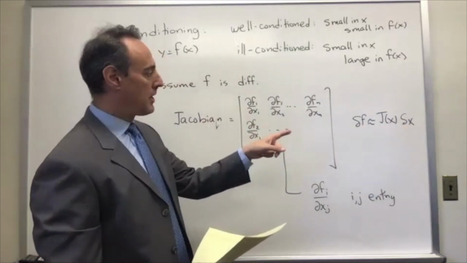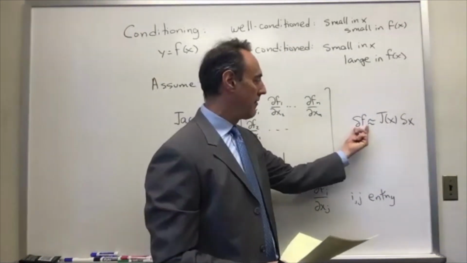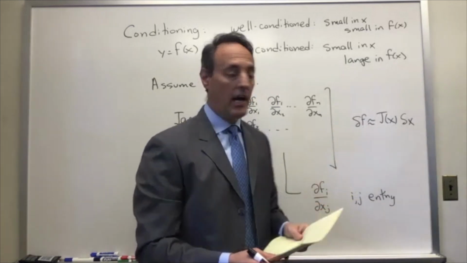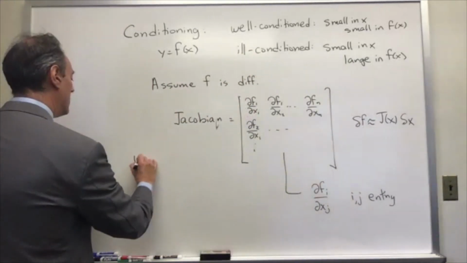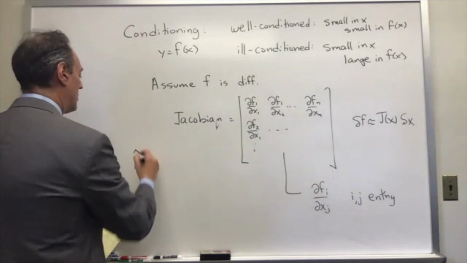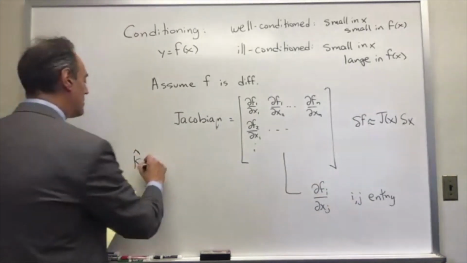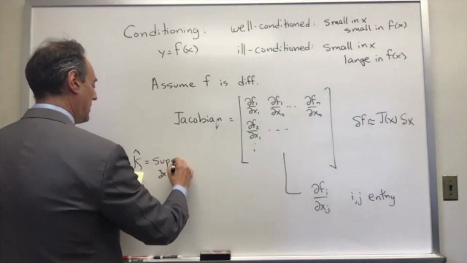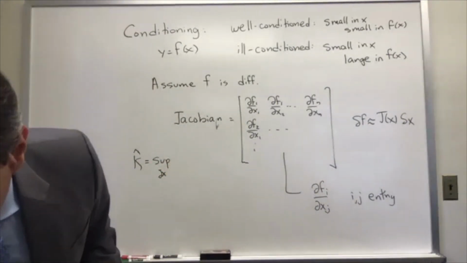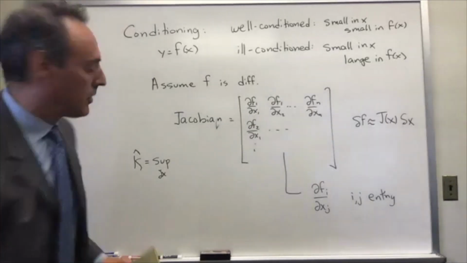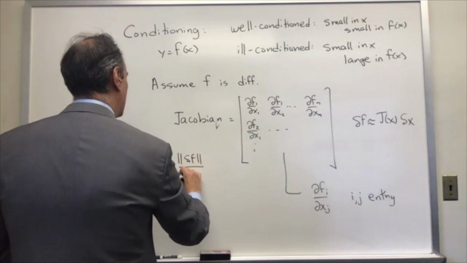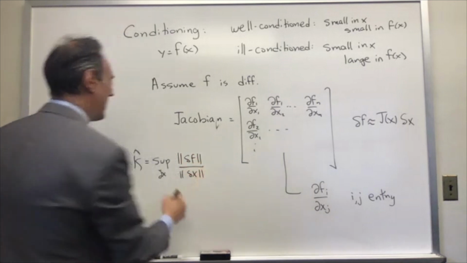So with this Jacobian, notice I have df, and if you remember what I defined earlier, the absolute condition number was equal to the supremum over delta x of delta f over delta x.